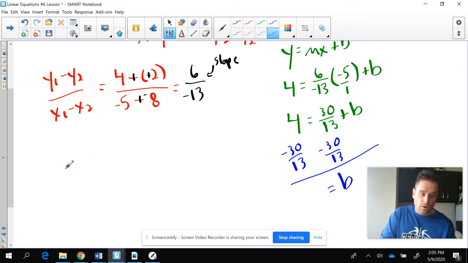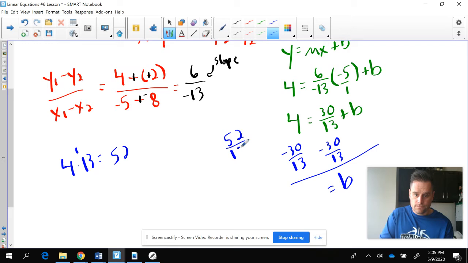So 4 times 13 is going to be 52. So I'm going to make that 52 over 13. That's the same thing. That wasn't that bad. And now we have common denominators.